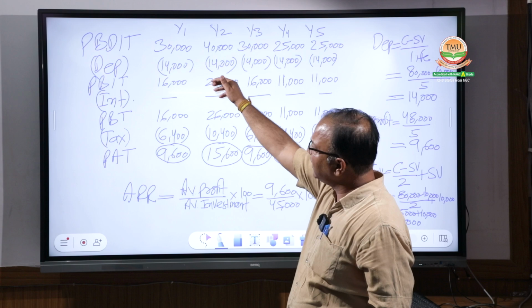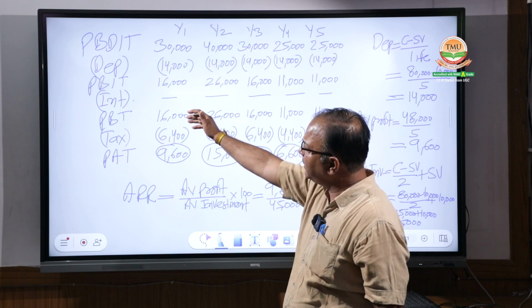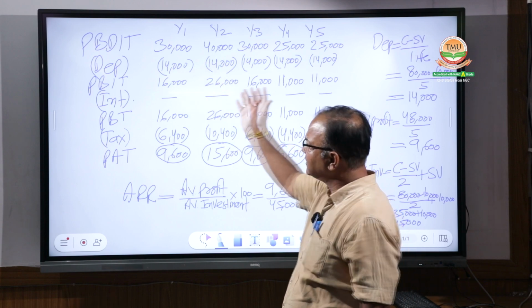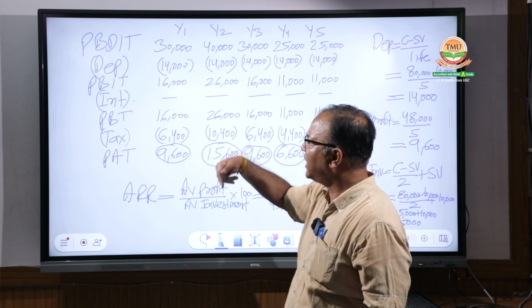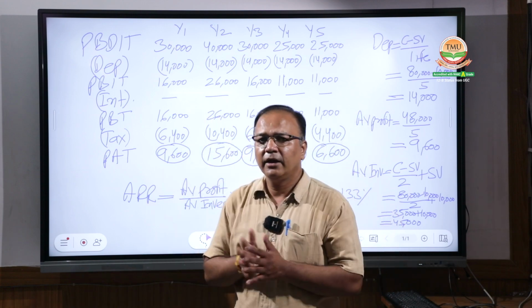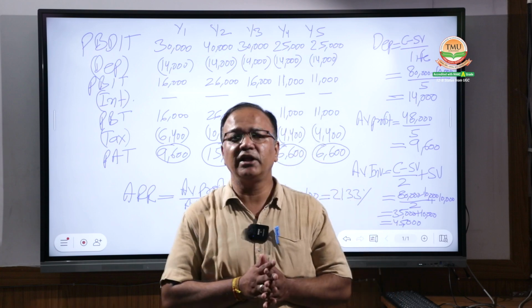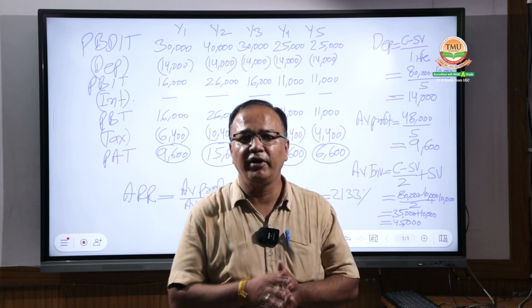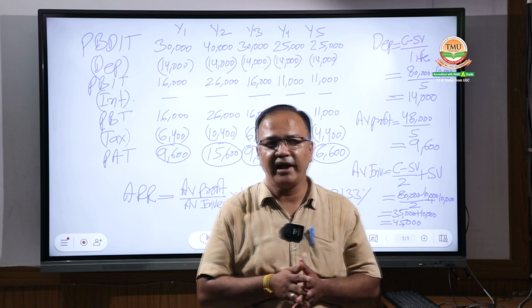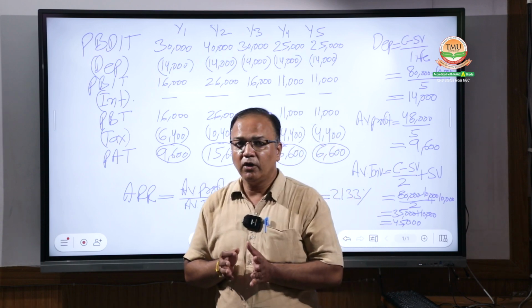After deducting depreciation, we got PBT because interest is nil, and on the amount of PBT we had to charge tax. Again, I discussed with you, if the rate of charging tax on the profit is given in the question, then you have to follow that.